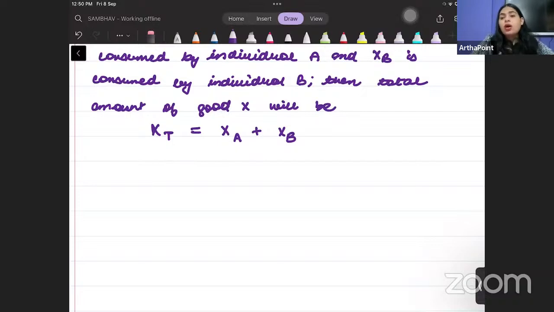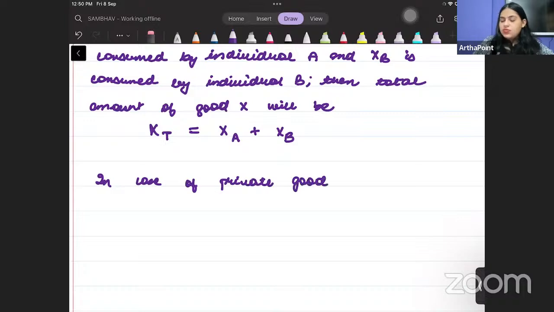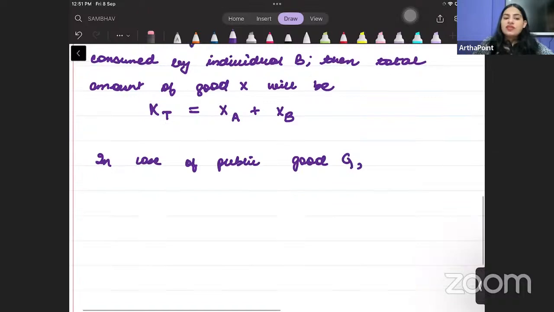So when I talk about the public good, I am saying that the same amount is available to all individuals in the economy. So how can I go ahead and say? In case of public good, let's name this public good as G. What can we say?